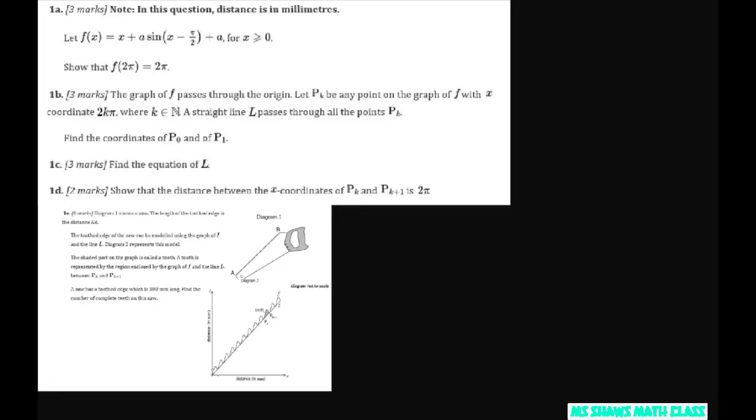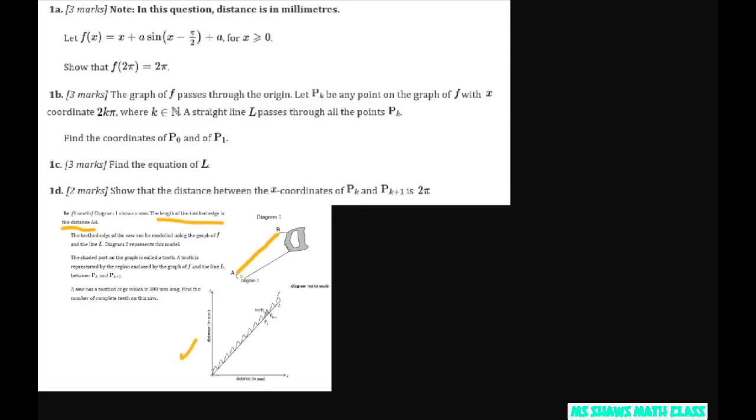The length of a tooth edge is the distance AB. So there's your saw. The tooth edge of a saw can be modeled by this graph here.